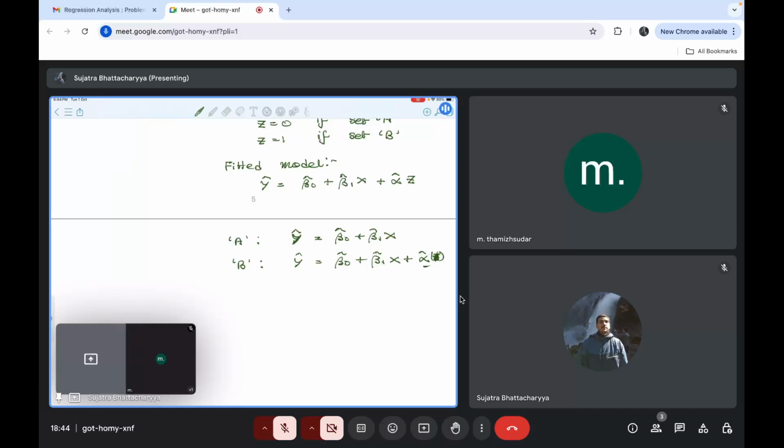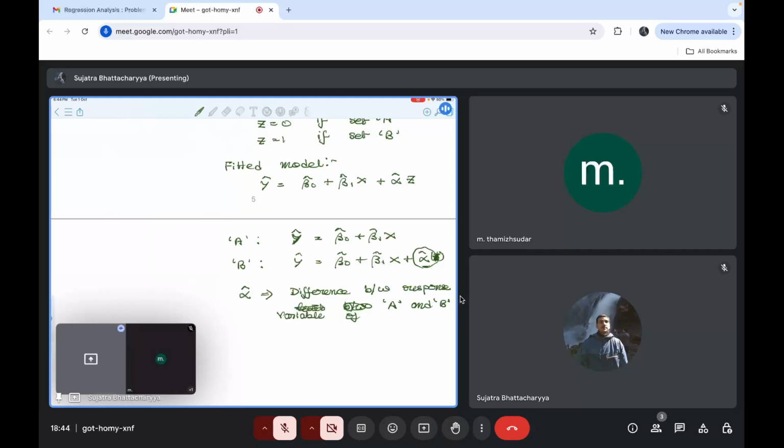Okay. So what is this alpha hat here? Can we say that this is nothing but the difference between response variables of A and B?